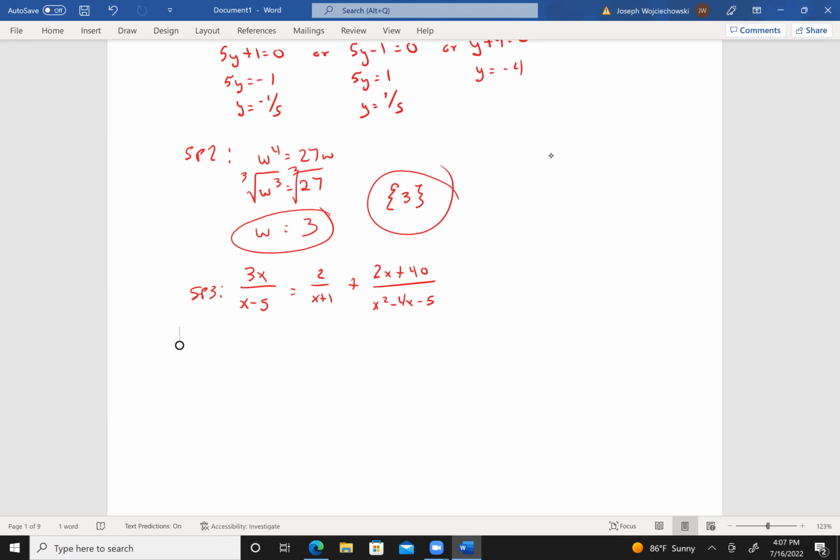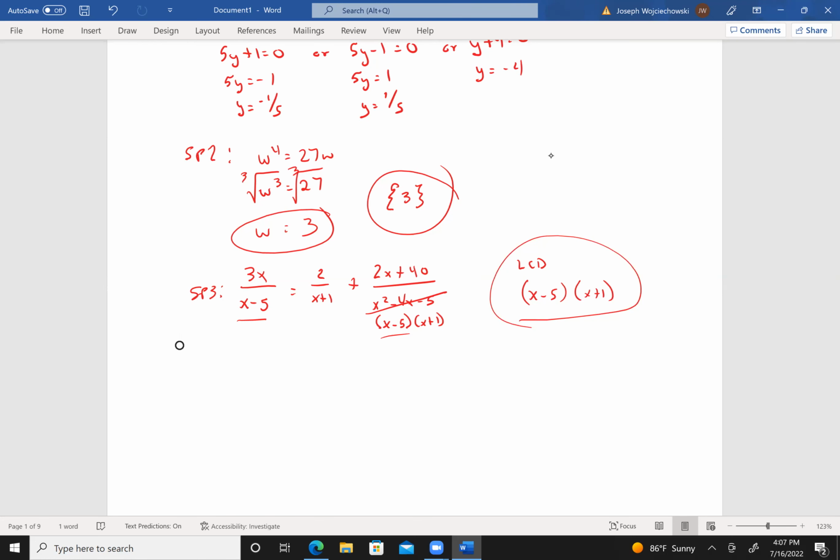So the first thing we need to do is find the least common denominator. What I want to do is factor this, and this factors to x minus 5 times x plus 1, which works out well, because here I have x minus 5, here I have x plus 1, and here I have both of them. So this is my least common denominator.